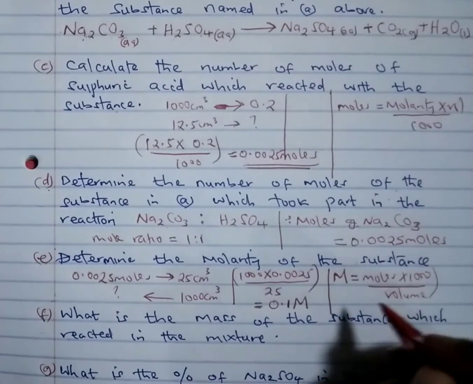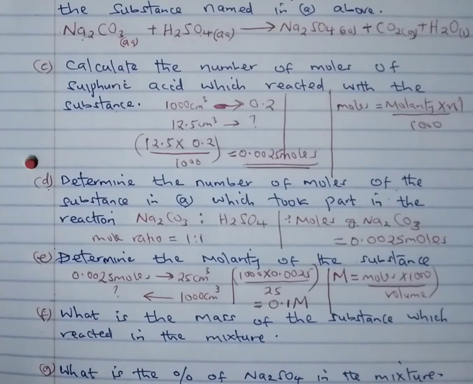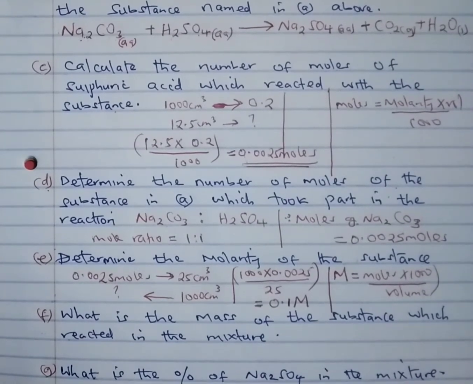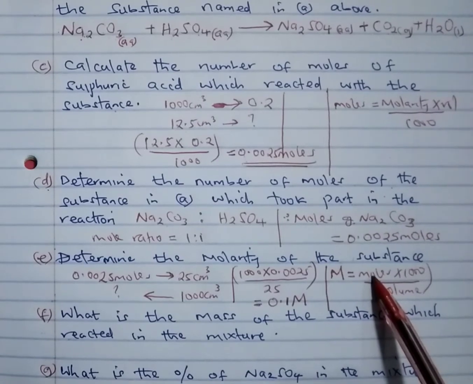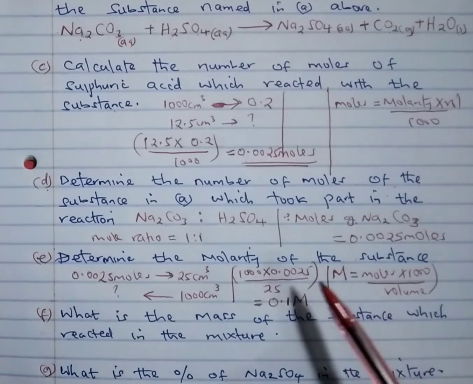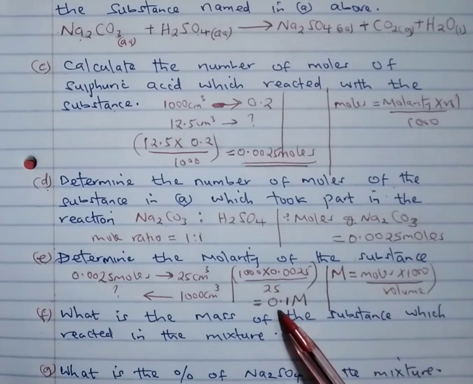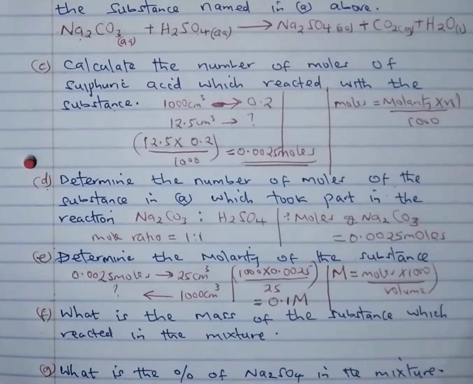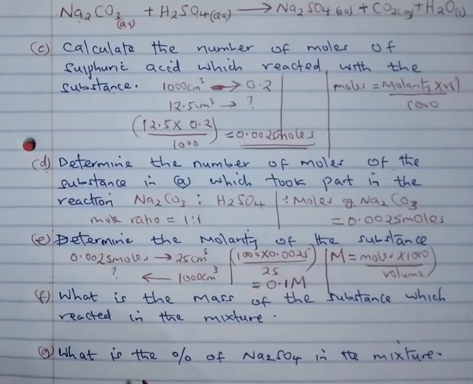This formula too can be used to determine the molarity of a solution, knowing the number of moles and the volume. So if you take 0.0025, you multiply by 1000, you divide by the volume, you are able to get 0.1 moles. We go to part F.